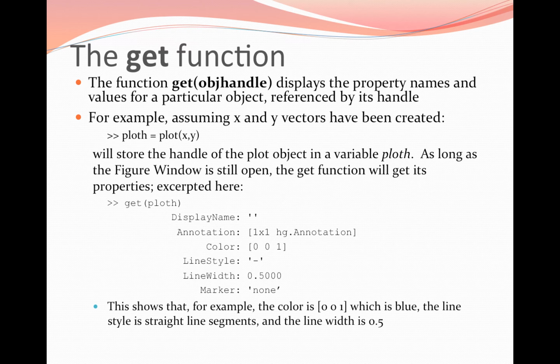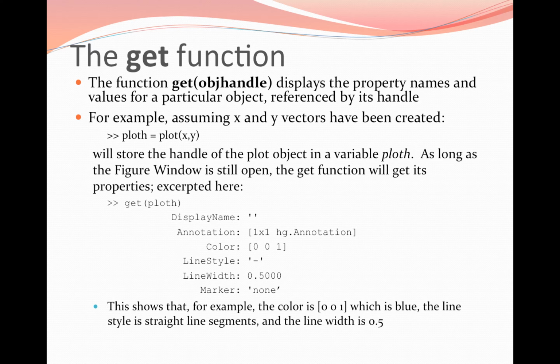We can use the get function to find out what the object properties are. Get and then an object handle will display the property names and the values for that particular object that you're referencing by the handle. For example, assume that you have x and y vectors and you use them to create a plot using the plot function.